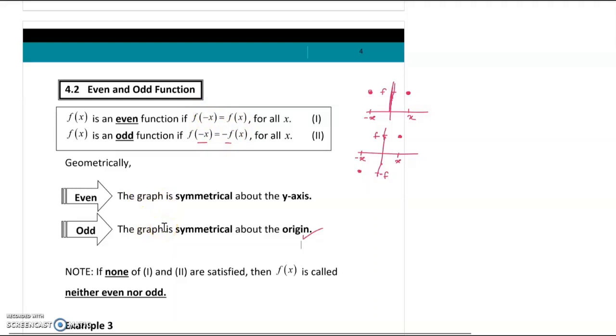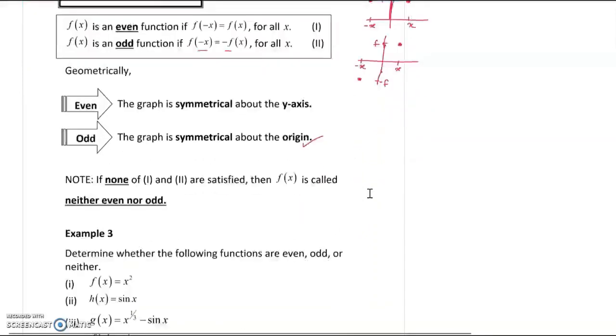I would suggest, if you know the shape of the graph and it is easy to sketch, then in most cases it is easy to check even and odd from the diagram. But if the function is quite complex, then we might want to use this rule here. That's how we identify whether the given function is even or odd.